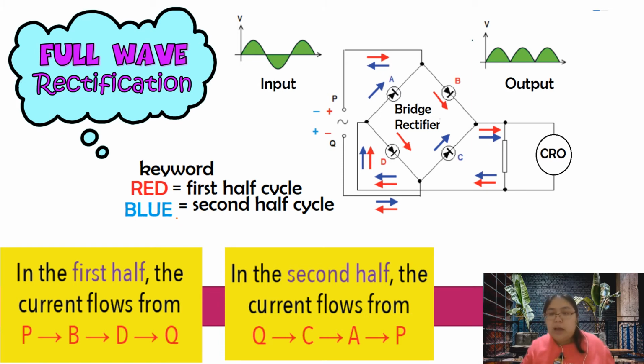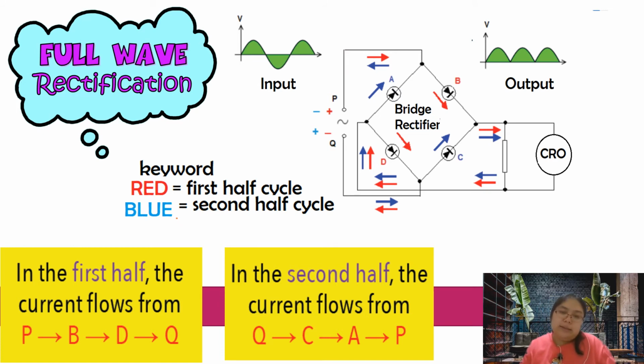Okay, after I pass the resistance, the blue arrow, I continue to go here. So this one overlaps, I go straight, I go up until this junction. At this junction I cannot go to D. If I go to D, I go back again. So I must go to the opposite terminal. Then I go through the A, then up, then I go back to the P. So this one we call the second full cycle.